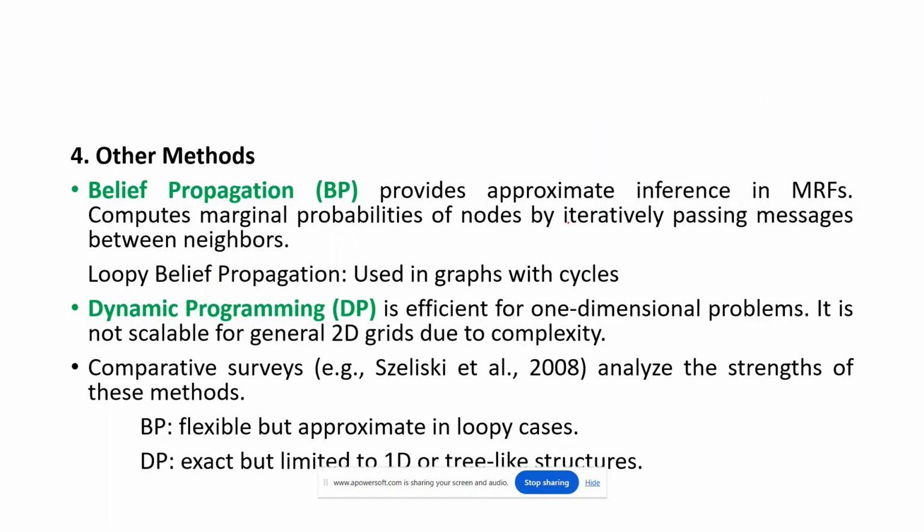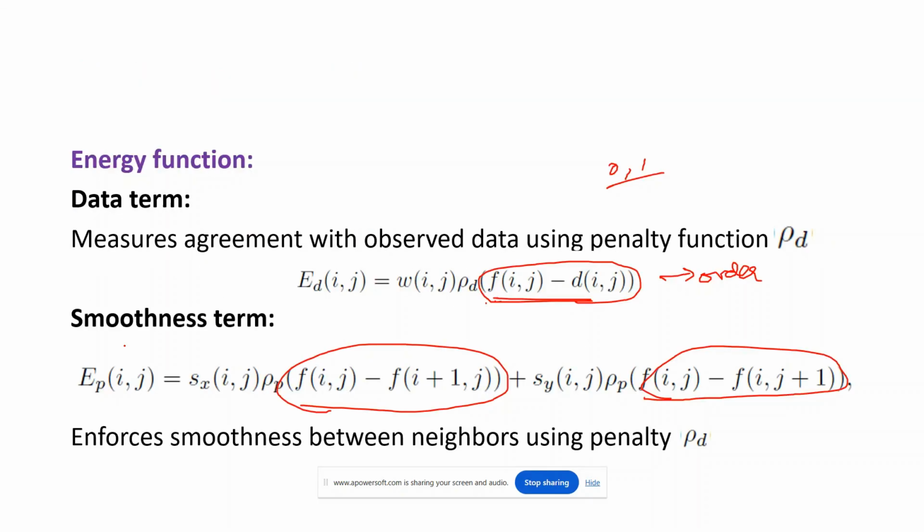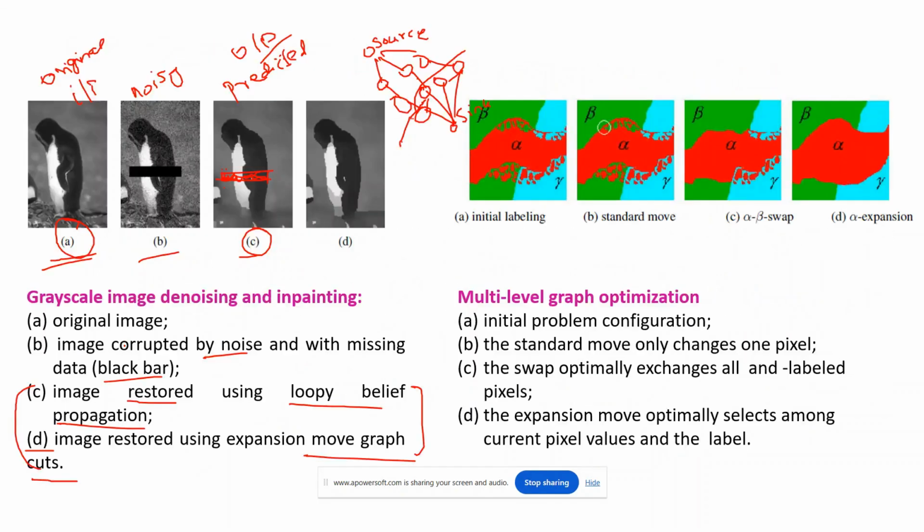Then belief propagation, which is based on iteratively passing messages between the neighbors. And dynamic programming is good for one-dimensional problems, but it is not scalable for general 2D grids due to its complexity. And then the next one is multi-level graph optimization.